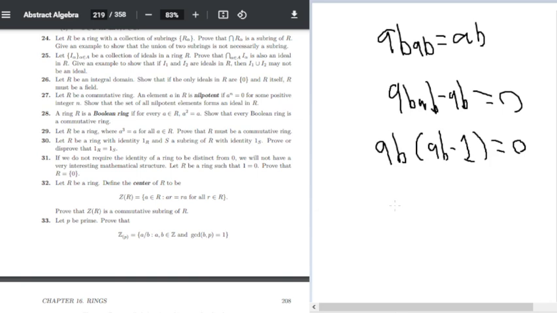Let's think. So we have this here now. What can we do with this? I mean, we could sneak in this AB minus 1 is equal to 0.